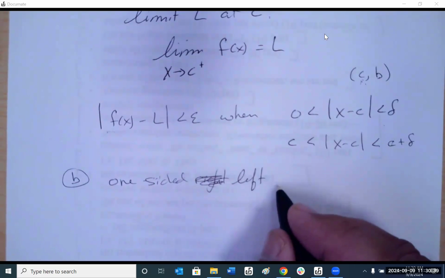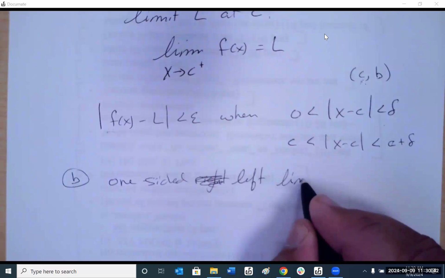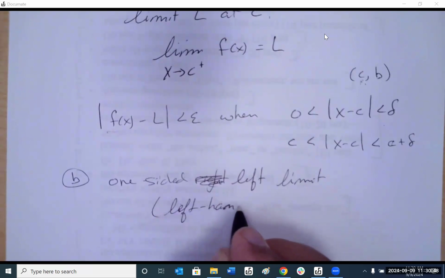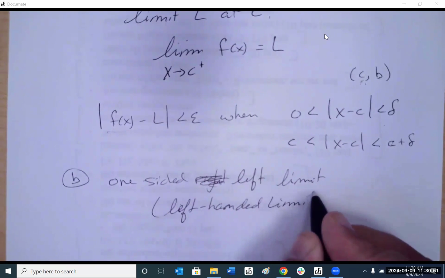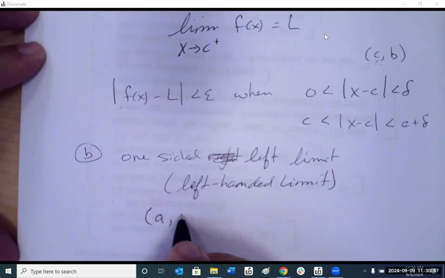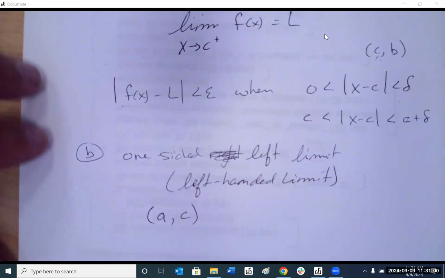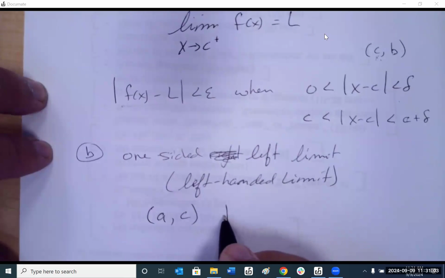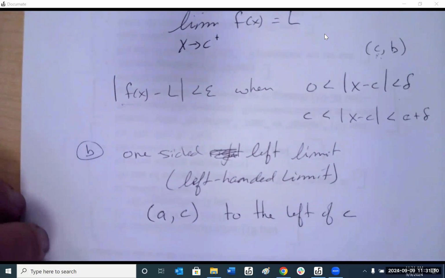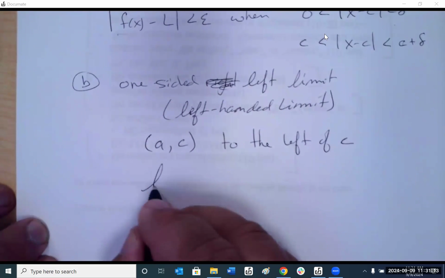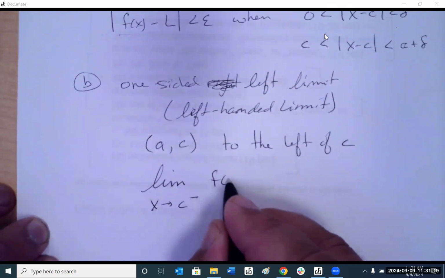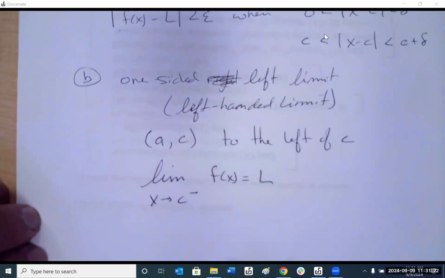The left limit, or left-handed limit, exists on an interval A comma C, to the left of C. Therefore, the limit as x approaches C from the left of our function is equal to L.